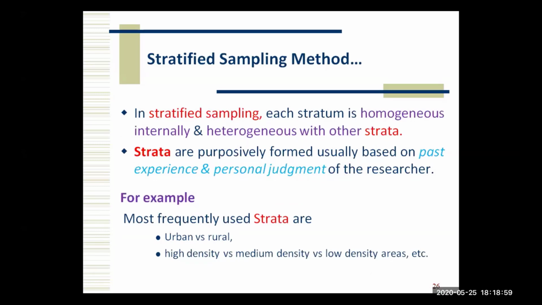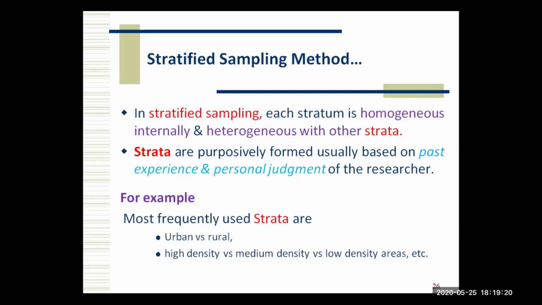In addition to this, the units within each stratum must be homogeneous in terms of characteristics internally, heterogeneous across the strata. Strata are purposely formed using past experience and personal judgment of the researchers.